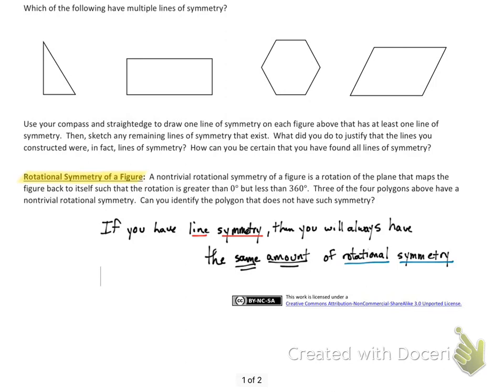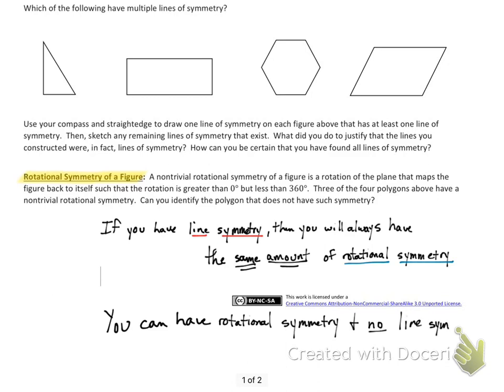Okay, and we're going to add another little note here. I'm going to phrase it differently, sorry. You can have rotational symmetry and have no line symmetry.